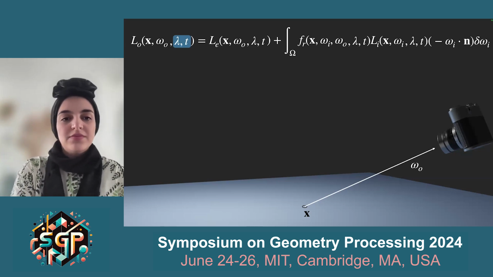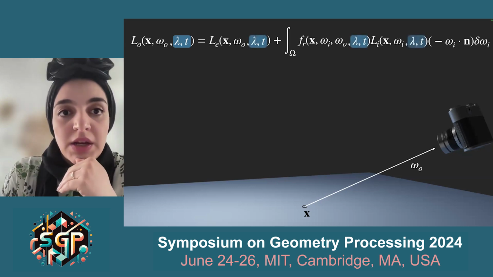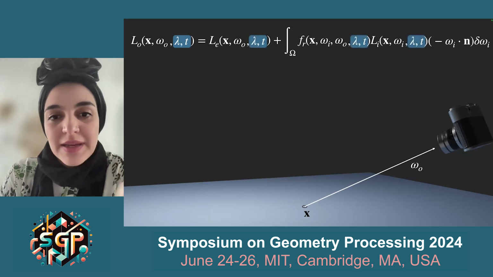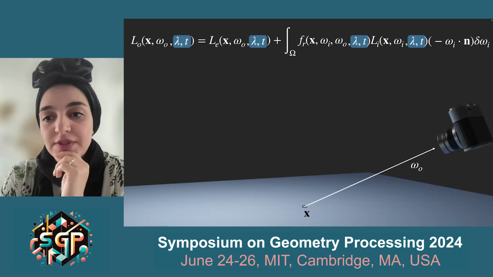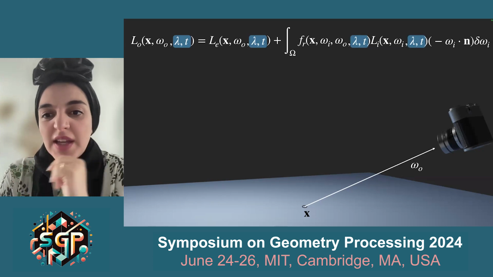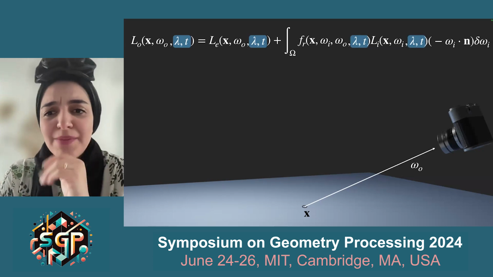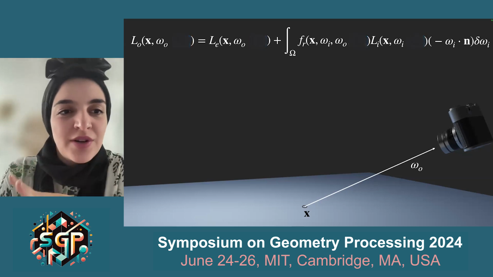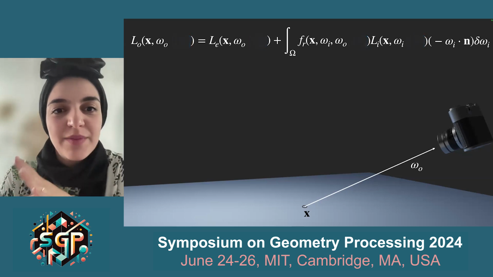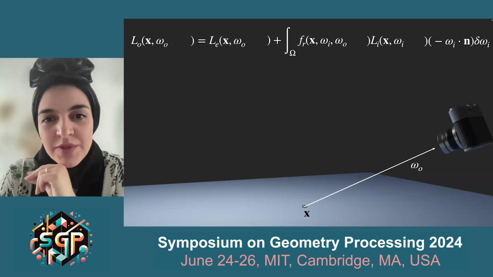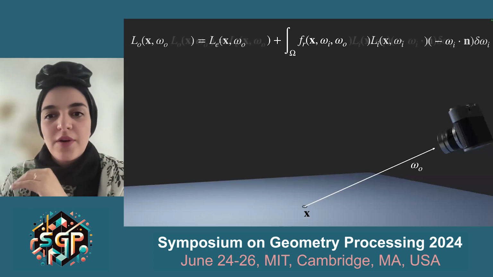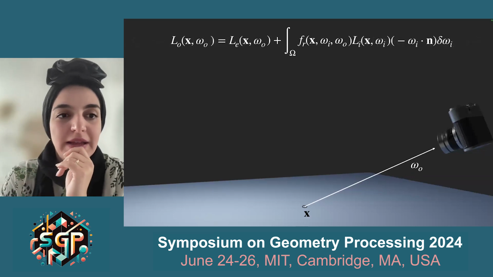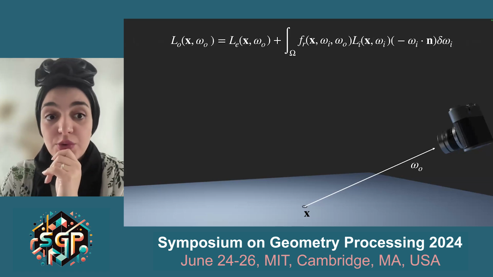But for now, lambda and time, which are parameters that appear on both the right and left side of the equation, are just making the explanation a bit harder. So I'm going to cheat and make them go away for a moment. I'm just going to take them out from both ends and make a simplified equation.